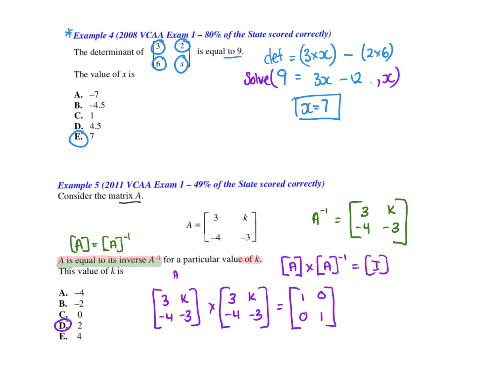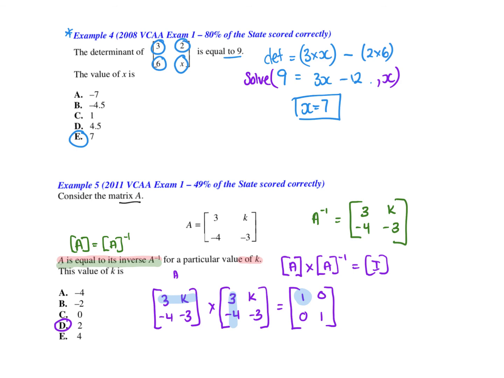So when we write it out like this, we can work it out. This spot here is in row 1, column 1, so it's found by going like this row by this column.